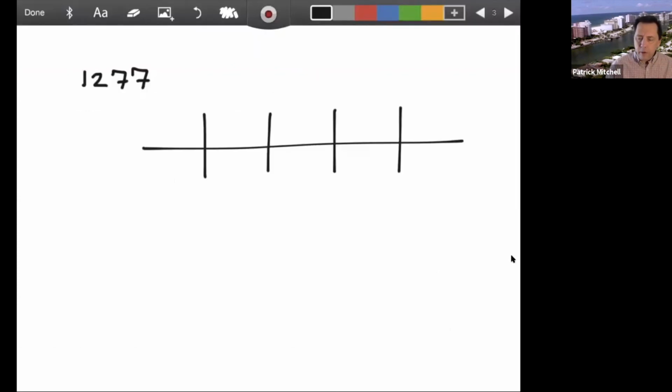All right, so in base 12, you have 1s, 12s, 144s, and 12 to the third. I believe 12 to the third is bigger than 1,277.